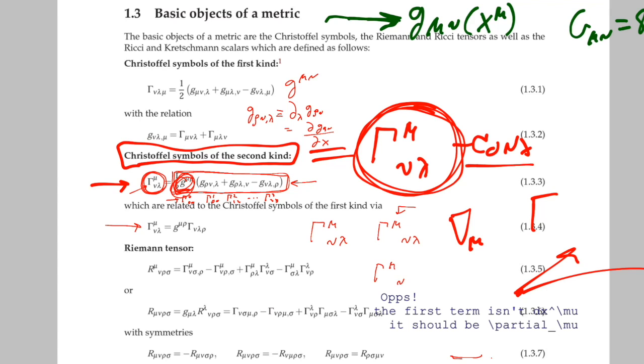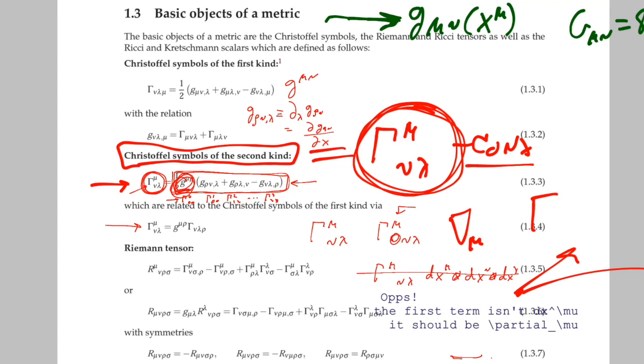There's no dx^mu tensor product dx^nu tensor product dx^lambda. That is not what we mean. This is a non-tensor object. So having this space here, I think, is misleading because it implies that the order is really critical. But it's not a tensor object.